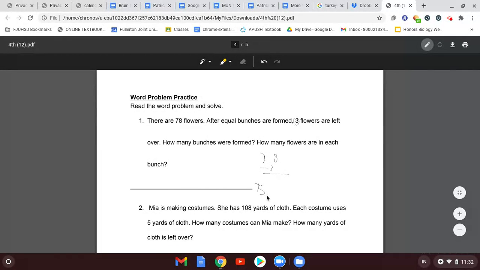What can we divide 75 by evenly? I would choose 5. If you divide it by 5, that would be 15. So 15 bunches would be formed, and there would be 5 flowers in each bunch.